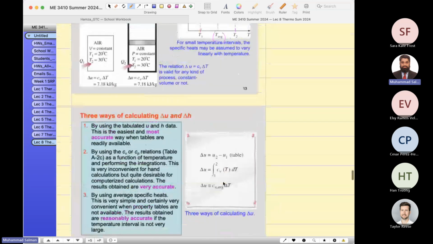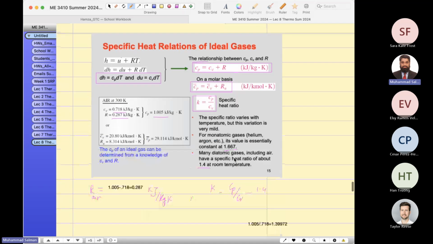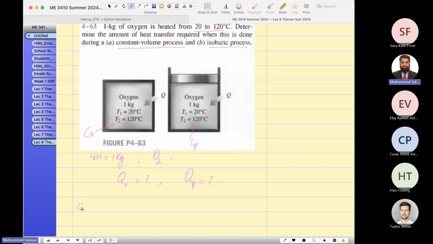So if you consider this formula, let's use the first law of thermodynamics. For the first law, Q in minus W boundary work equals change in energy. Can you guys tell me what is the boundary work done for the constant volume process for this one?